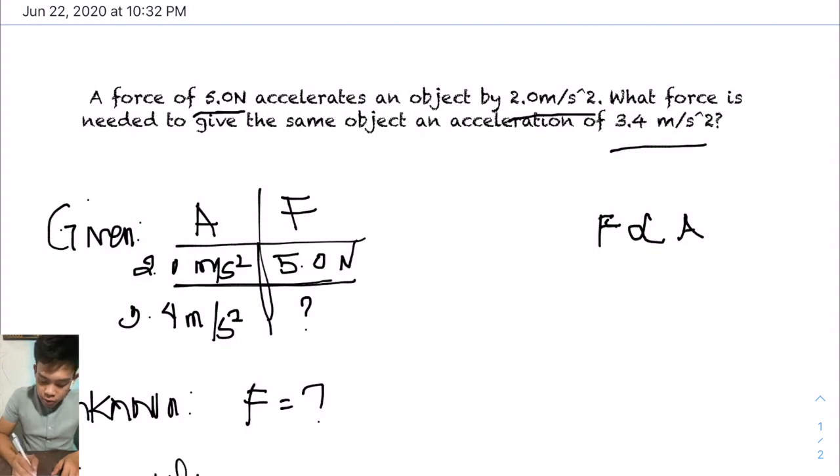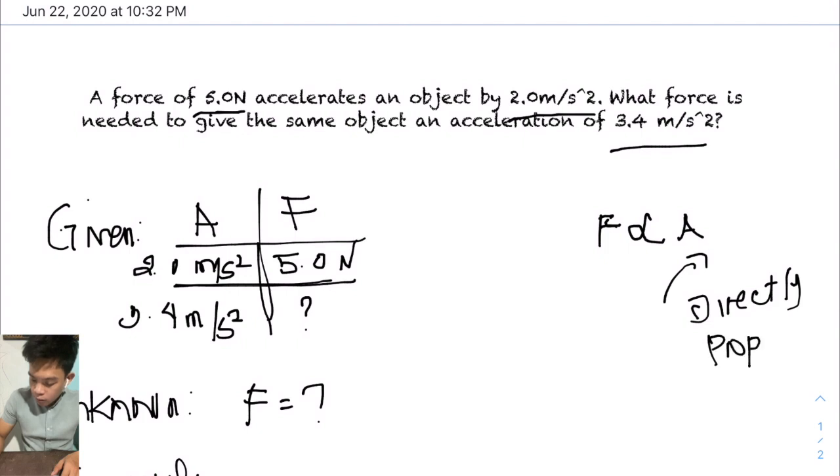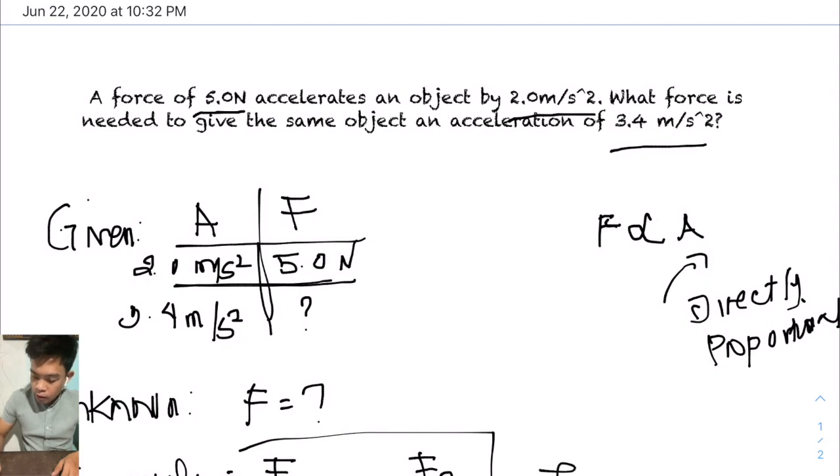Since our relationship is directly proportional, our formula is F1 over A1 is equal to F2 over A2, since we are dealing with a direct relationship.